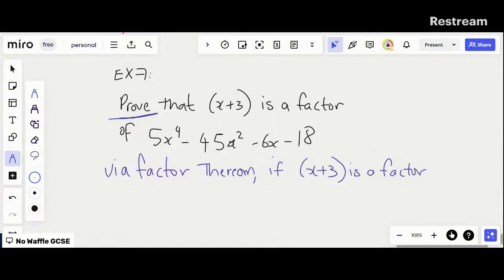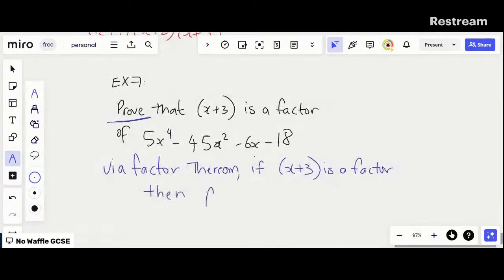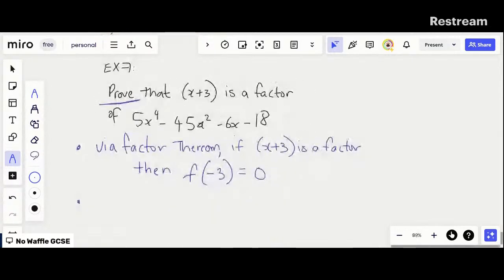Via factor theorem, if x plus 3 is a factor, then f of minus 3 should equal 0, i.e. plugging in x as minus 3 should equal 0. So then what you want to do, this is not just one mark. So then what you want to say is via factor theorem, and then you want to actually find out what plugging in minus 3 is.